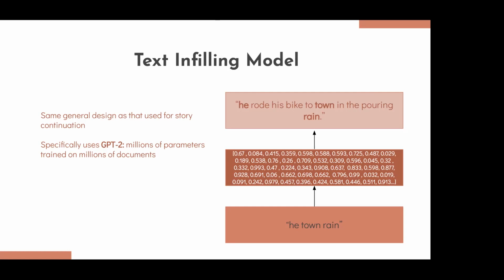Because this experiment that I did with text infilling is more recent, I made use of a particular model that has come out in the last few years called GPT-2. And you might have heard this term being used in the news because it's gotten, at least with popular science venues, a lot of attention for, as I was mentioning at the beginning, producing texts that people can't decide are machine or human generated.